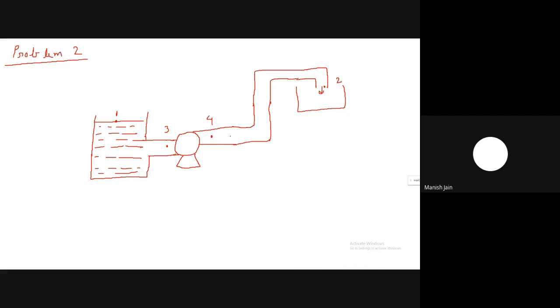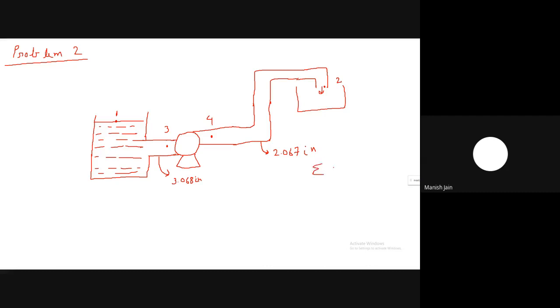Now the size of this pipe is 3.068 inch. Both pipes have different sizes; the other pipe size is 2.067 inch. The overall friction losses are given.